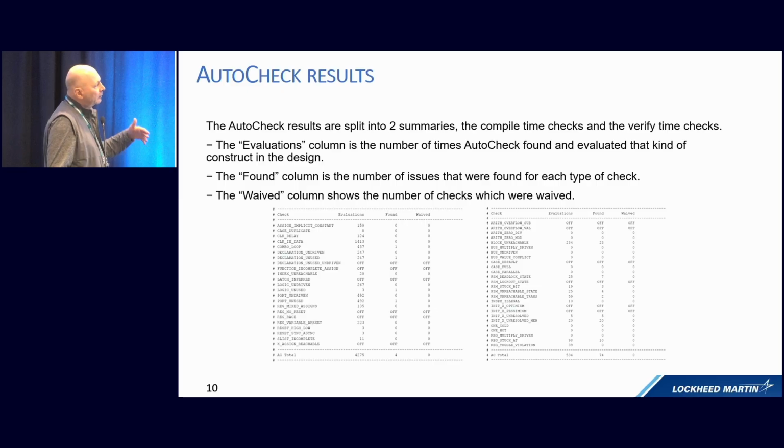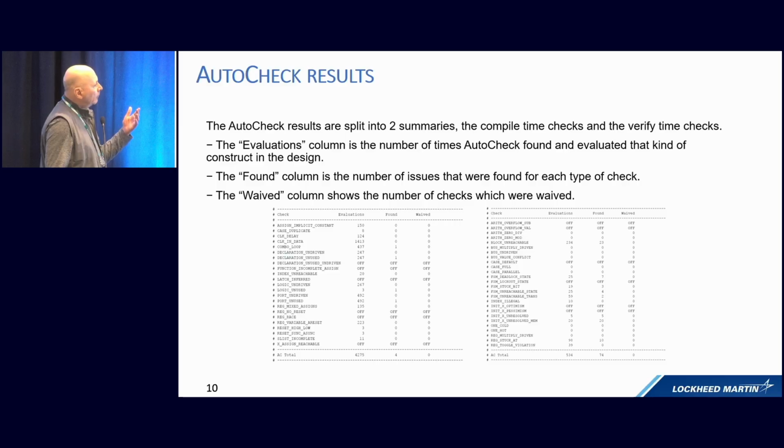The first list of issues found through compile maybe can be found by other tools, mostly by lint, but also other tools. The second list of issues at the verify time, those are issues found through formal engines. They're not going to be found by other tools that do not use formal engines.